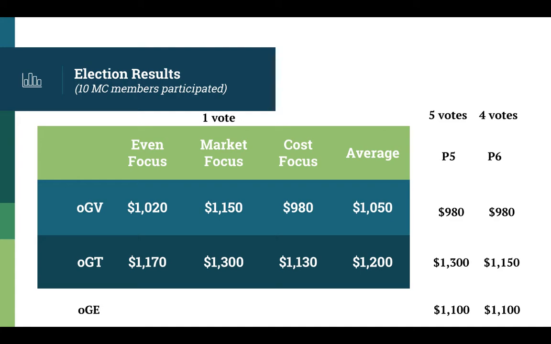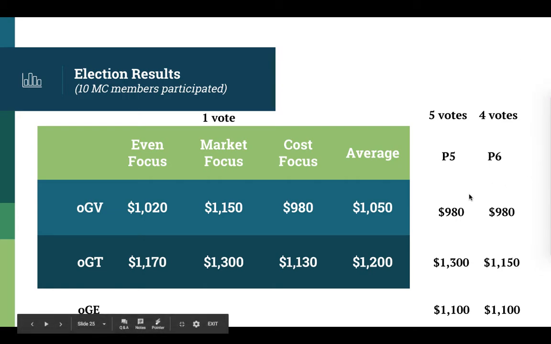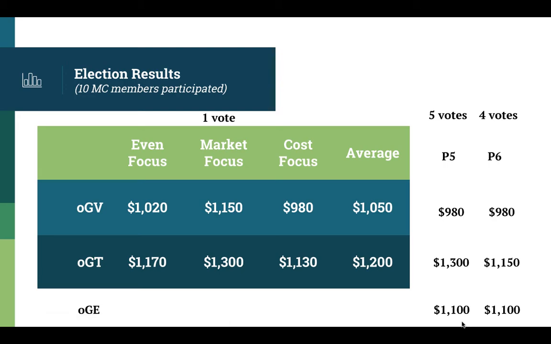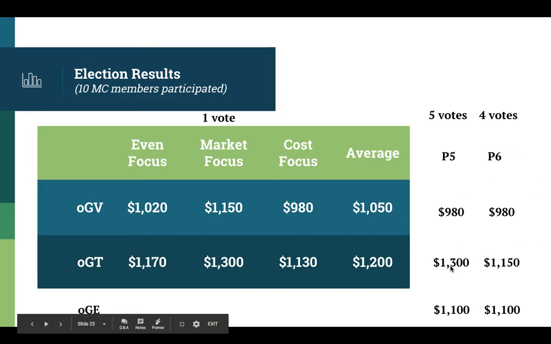A good way to price it is an intermediate price between these 2. So that's why I propose to set OGE to be $1,100. It is up to you which one you would like.